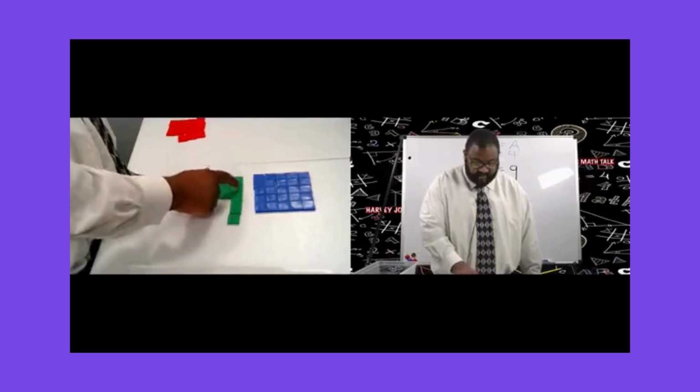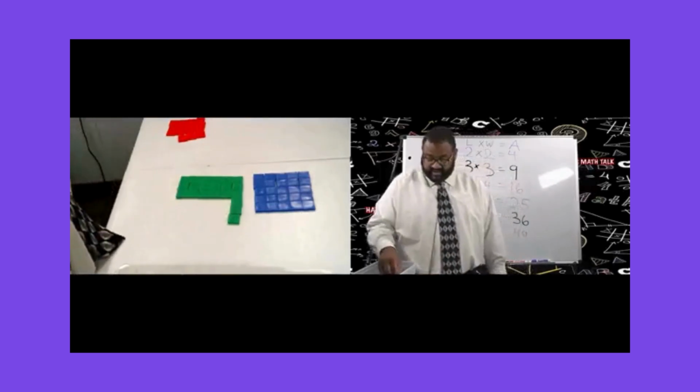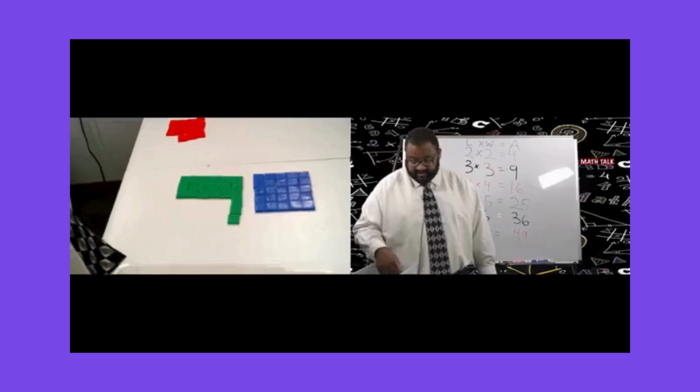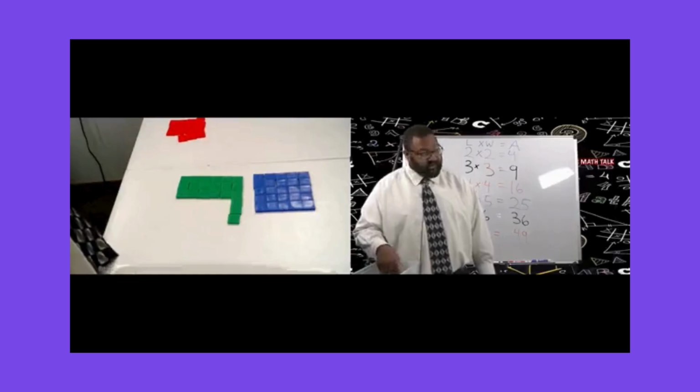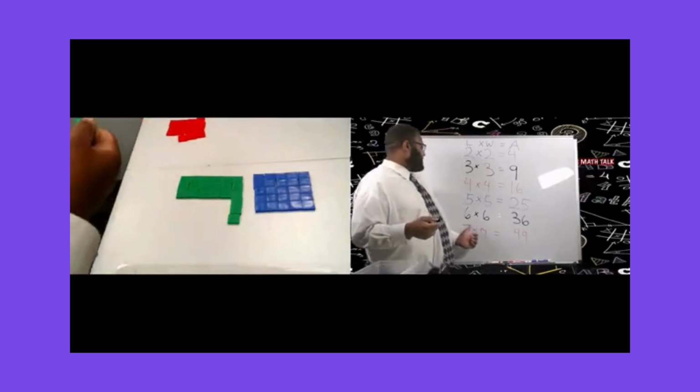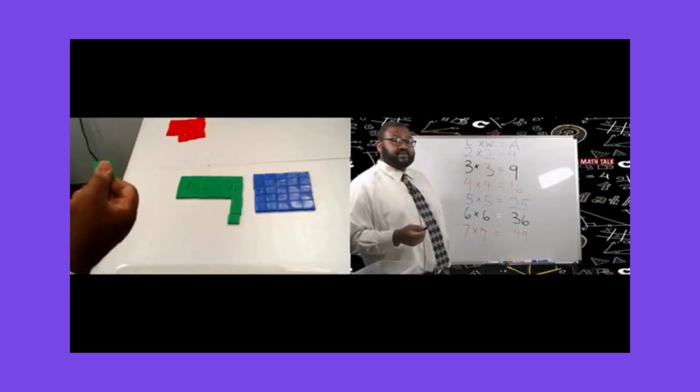All right, so at the top now I have 1, 2, 3, 4, 5, 6. Now I gotta go down and fill everything else in, and once I fill that in, that should give us another square, which should be our 6 times 6, which equals 36.